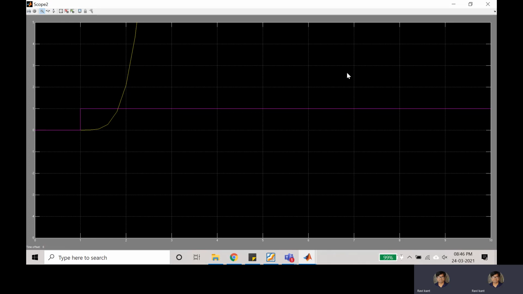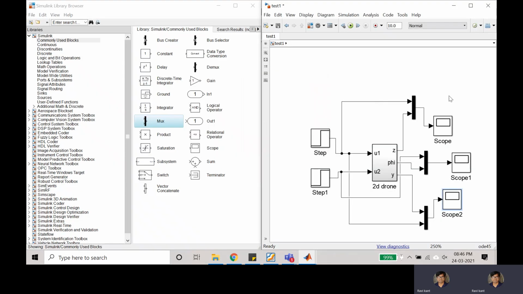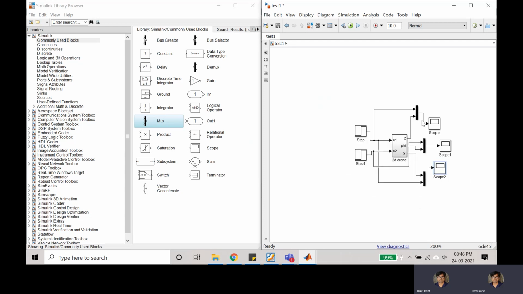So it is going exponentially. That is not desirable. So what we are going to do is design the PID controller over here.